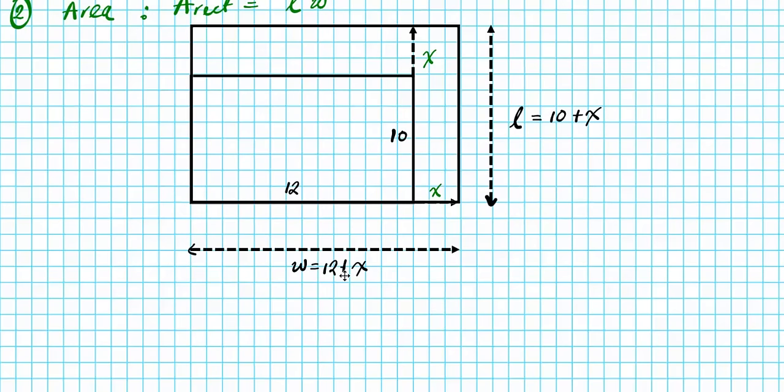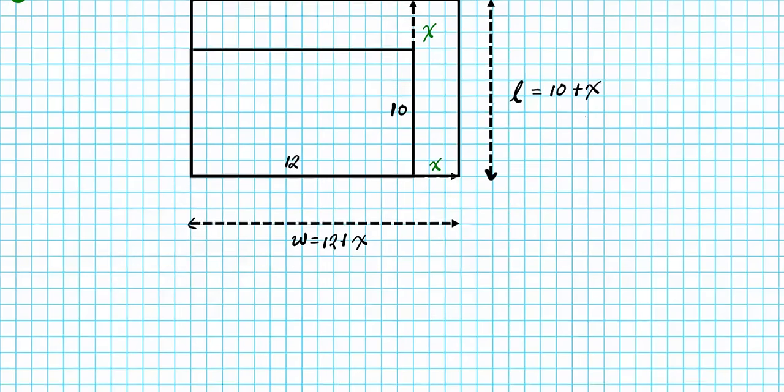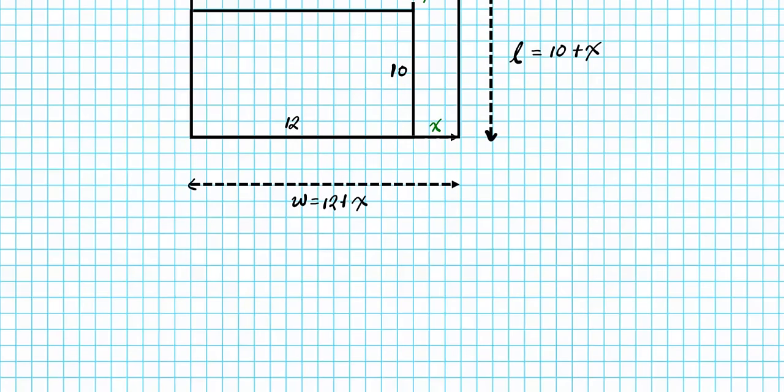Okay, so let's write down an equation. So we have a 50% increase in area is going to be equal to the increase in length plus, I'm sorry, so area is length times width, okay?